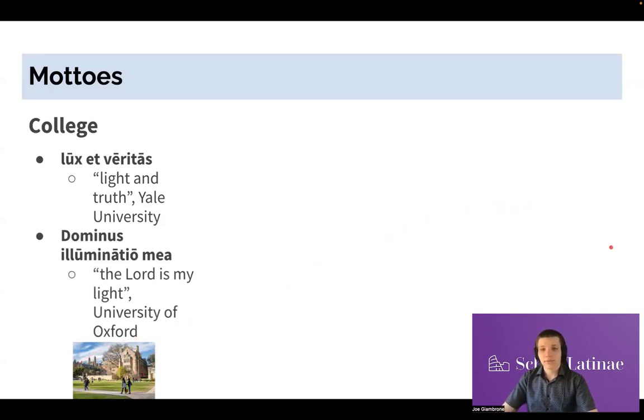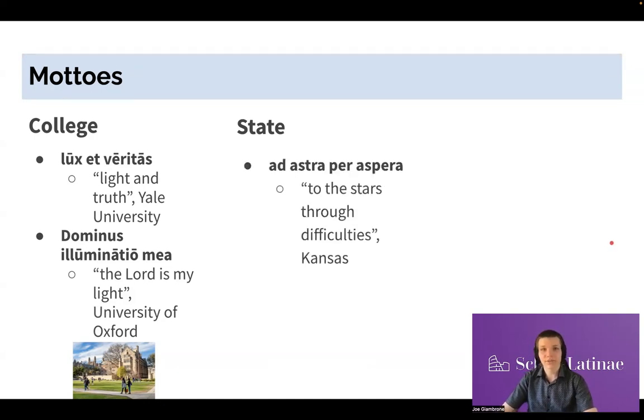Another very common place for mottos to appear is in states. I just saw in the New York Times Mini, spoilers for within this last week, something saying that 25 of the U.S. states have Latin mottos, which is pretty nice. One of those is Ad Astra per Aspera, which means to the stars through difficulties, and that's Kansas. Kansas has given it its all. It's quite motivational.